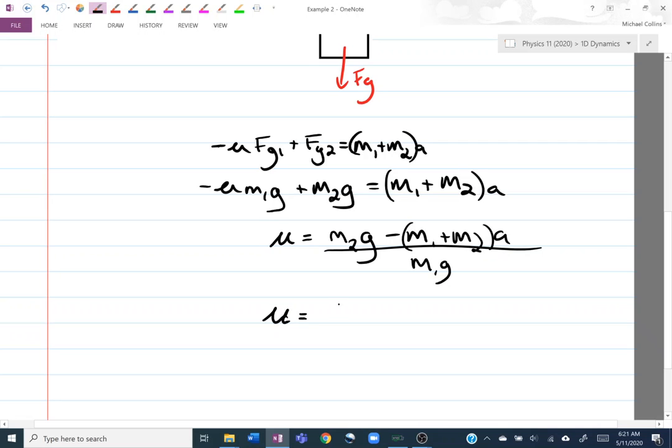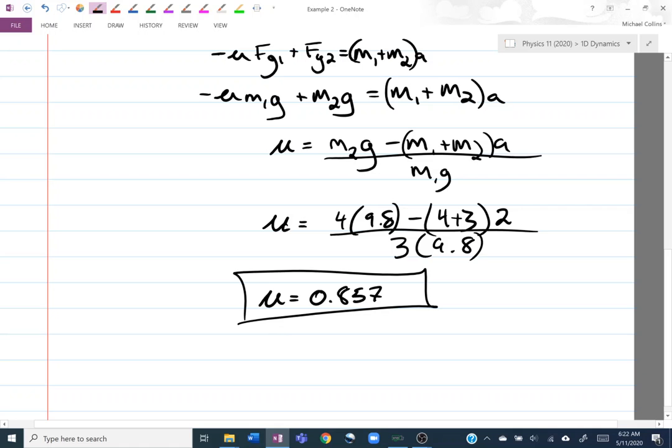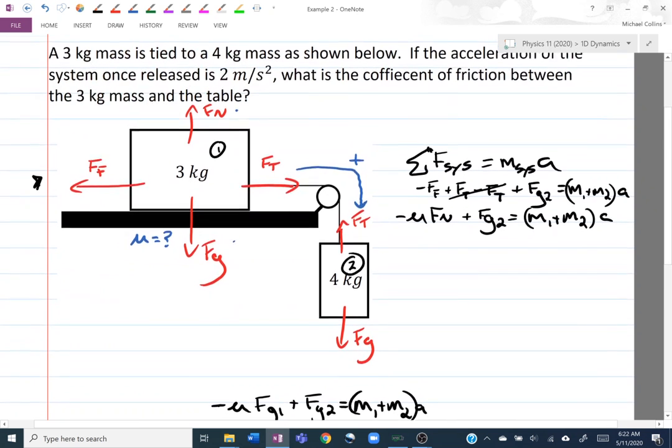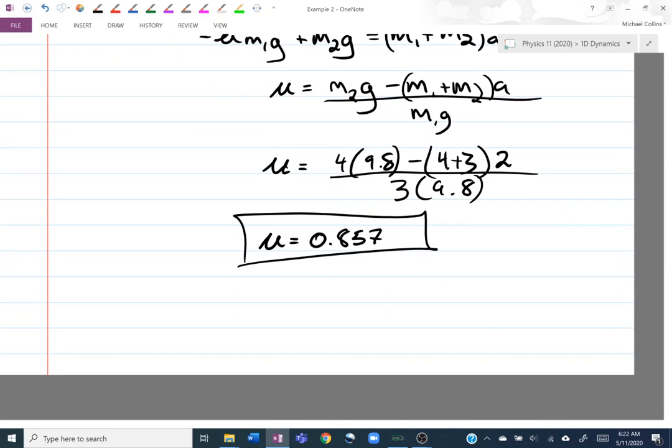And then I think I end up with 4 times 9.8 minus (4 plus 3), my acceleration being 2, divided by 3 times 9.8. And I should end up with mu is equal to 0.857. Just like that. Coefficient of friction between the 3 kilogram mass and the table, 0.857.